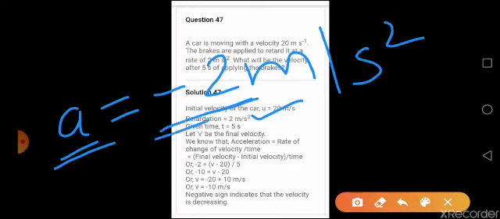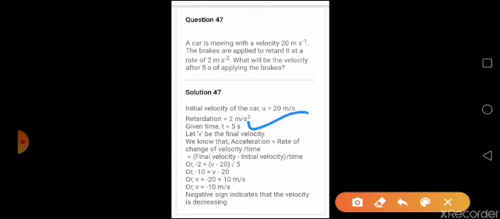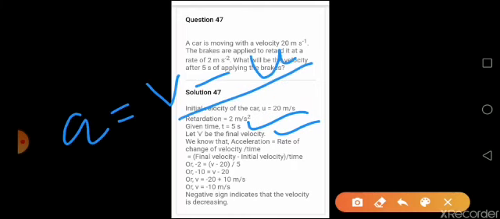If it is retardation, to the given value you have to write a negative sign. So instead of writing retardation is equal to 2 meter per second square, better you practice writing a is equal to minus 2 meter per second square. Now time is given. Now if v is the final velocity, you have the equation a is equal to v minus u by t, right?